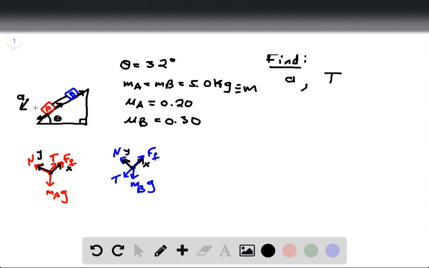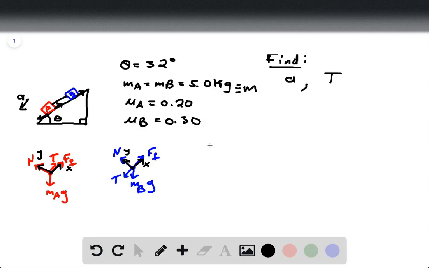If we're wrong about this assumption, I'll assume A is negative going down the plank, but if that's not true, we'll get a positive answer for A. Or we'll get a negative answer, I guess. Yeah, it'll be opposite what we start out assuming.